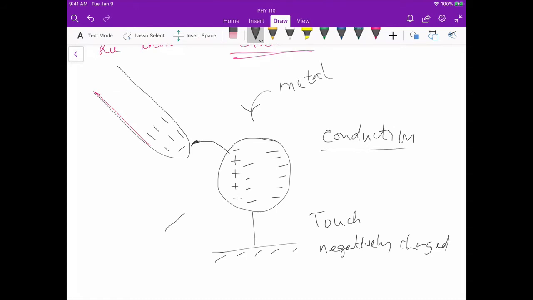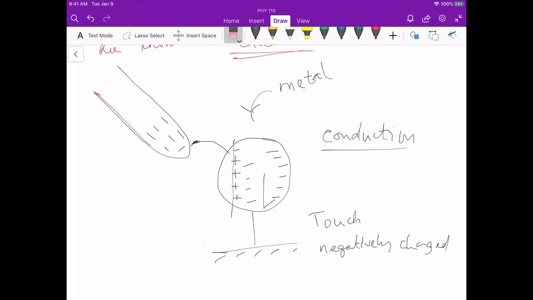The other type of charging an object is known as by induction. Sorry, I'm trying to move this.